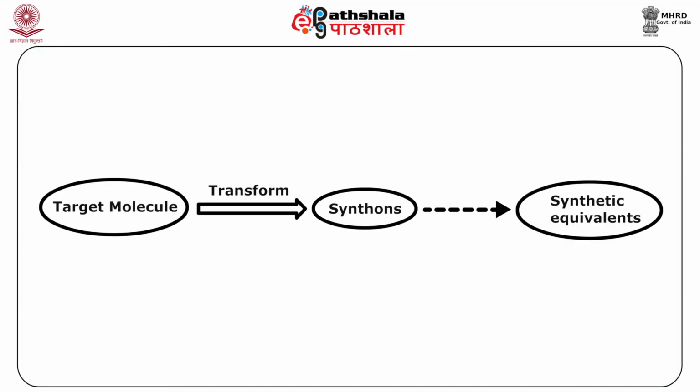In a reverse synthesis or retrosynthetic analysis, we actually move from the target molecule to the synthons and then further to the synthetic equivalents, and this can be represented in this way.